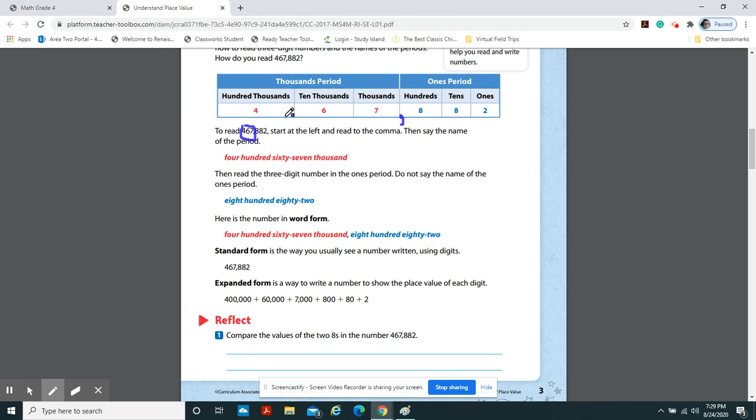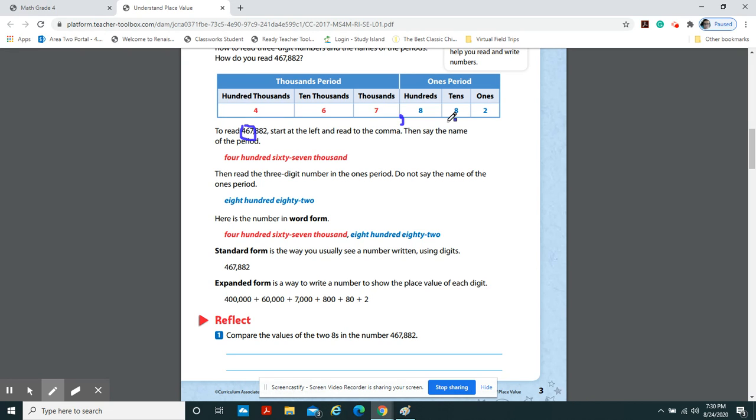That allows us to see our number using only digits. If you come across a place that doesn't have a digit, we use a 0 to show that we don't have a digit there.